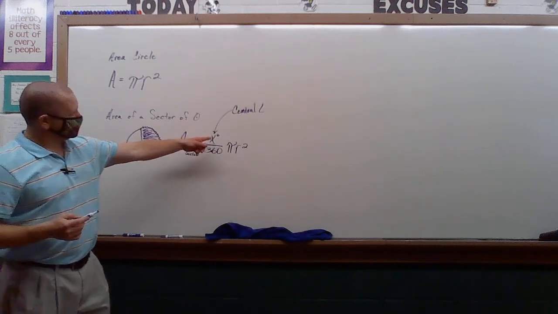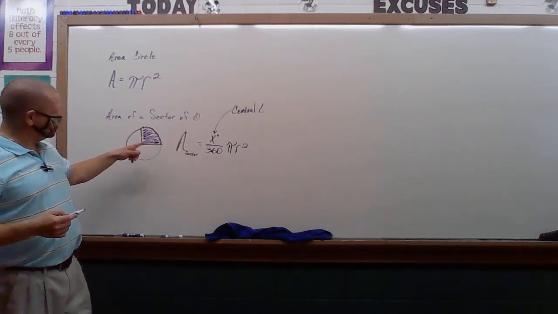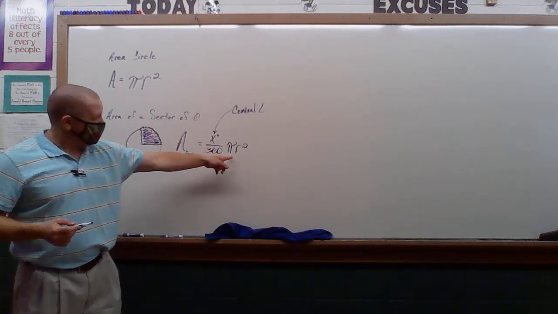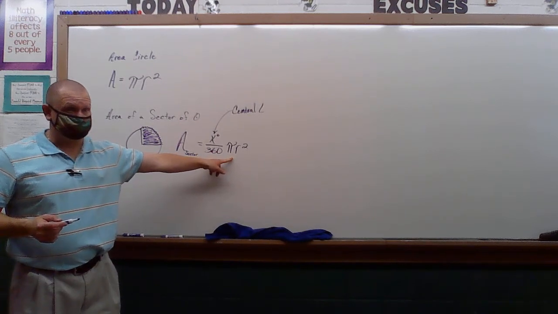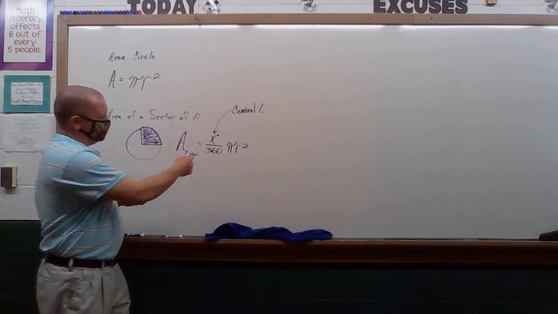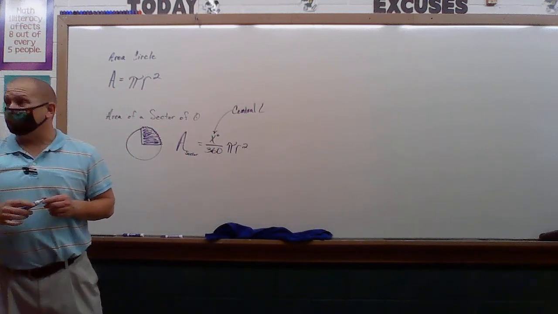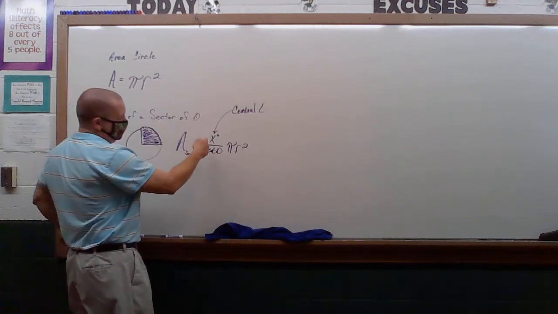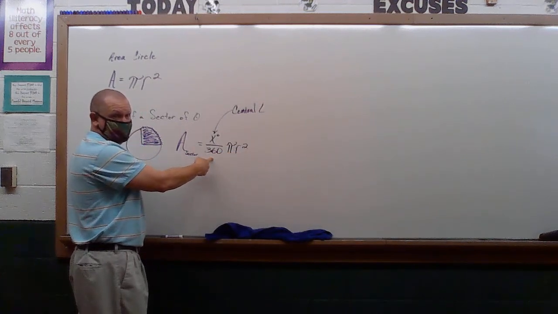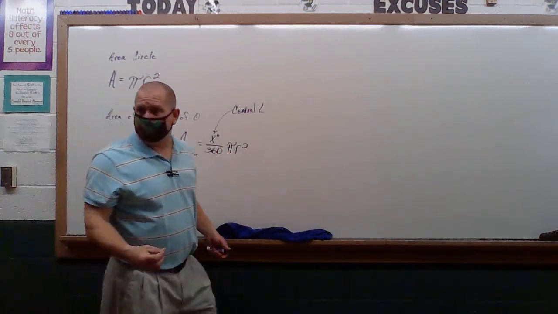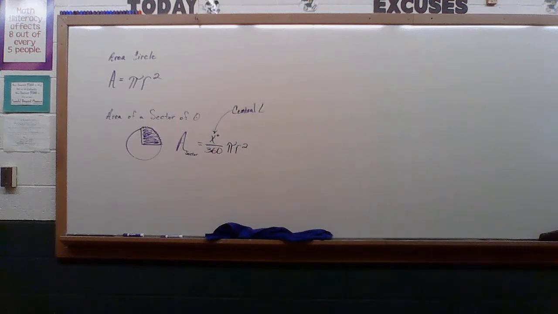So we're going to take x divided by 360 degrees to find out what portion of the whole circle that I have. That makes sense? And again, this is just all multiplied together. So basically, if you wanted to do this, you can take x times pi times r squared divided by 360. Essentially, you can divide by 360 whenever you want. But again, remember, it's r squared and not 2r.